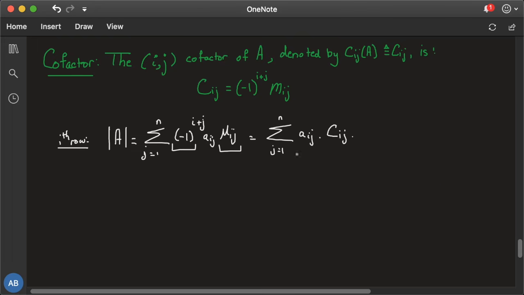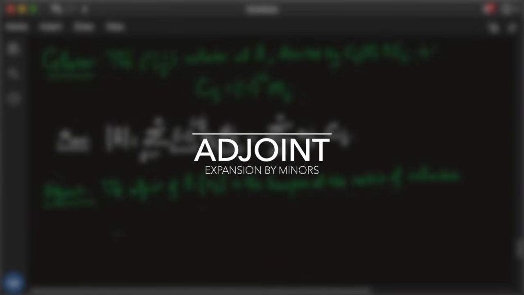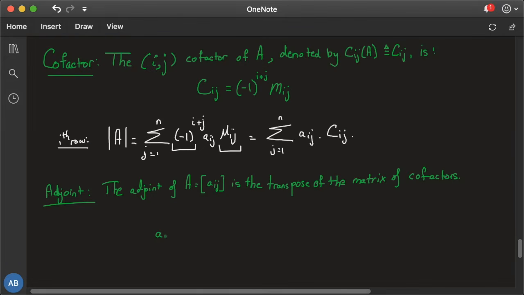to get the sum of entries aij times the cofactor Cij. Also, we can define the adjoint of a matrix, denoted by adj of A, which is simply the transpose of the matrix of cofactors. The matrix of cofactors is just a matrix containing the Cij's.